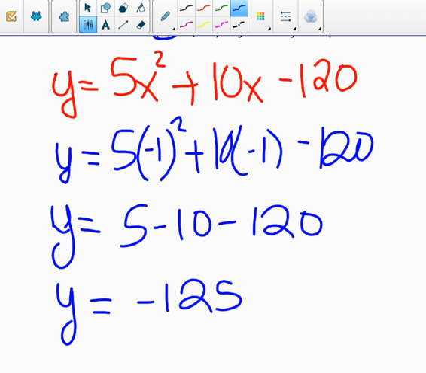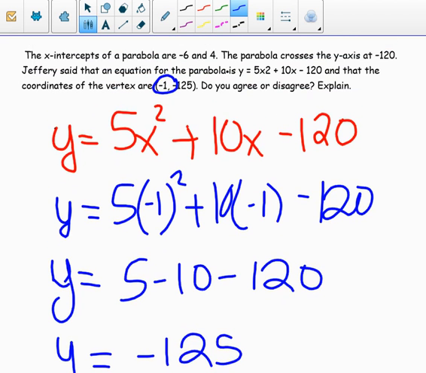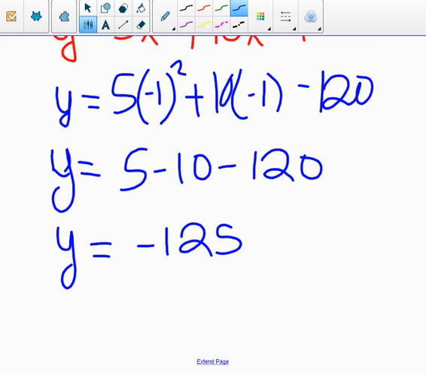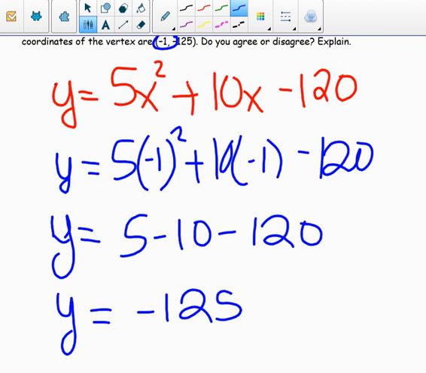Wow. So this shows us that both of those x-intercepts, the zeros, are right. The parabola crosses the y-axis at -120, which is right because we checked in the previous steps. And we also proved the vertex point, because we solved for the y point of the vertex and got -125.